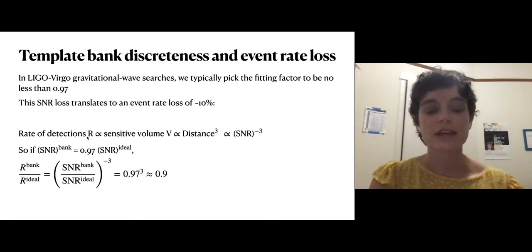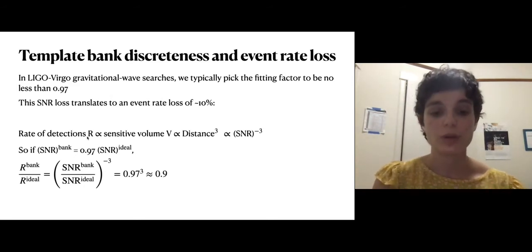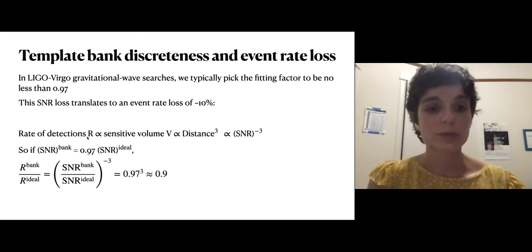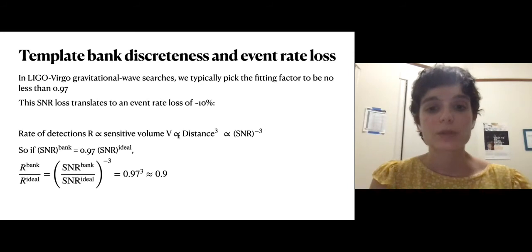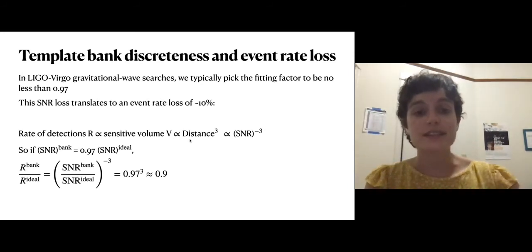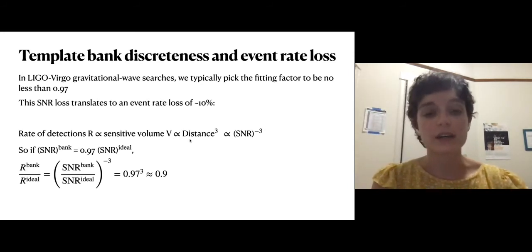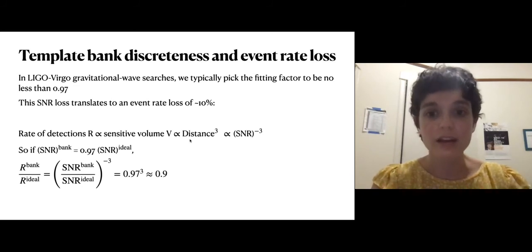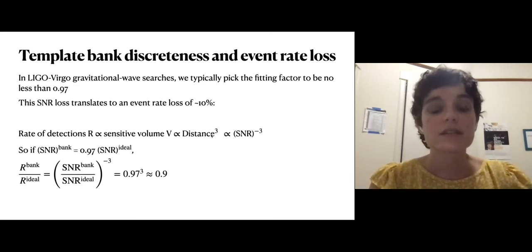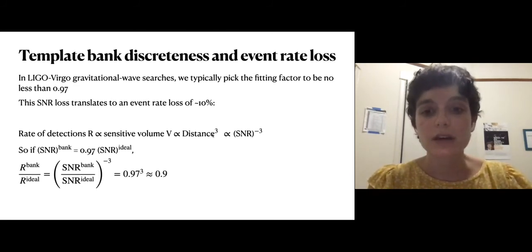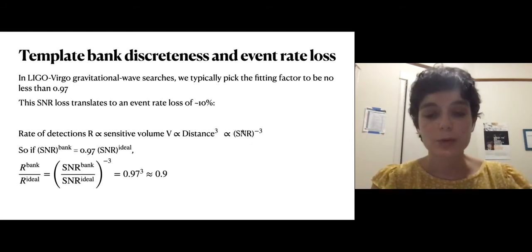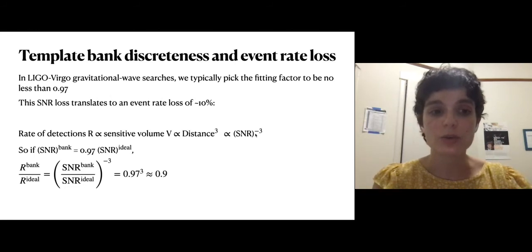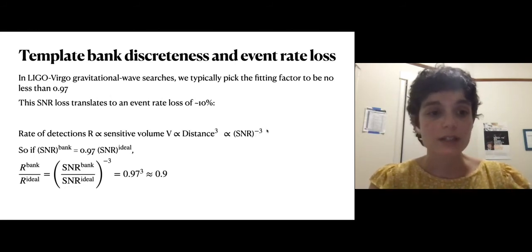Just the rate of detections is proportional to the sensitive volume, so how much of the universe can we probe, which is proportional to the distance, how far away can we see a source, the cube of that. And the distance scales inversely with the signal to noise ratio. So distance cubed is proportional to SNR to the -3.